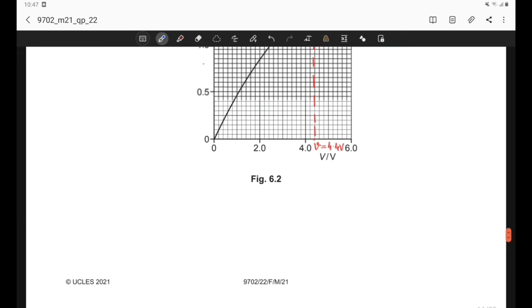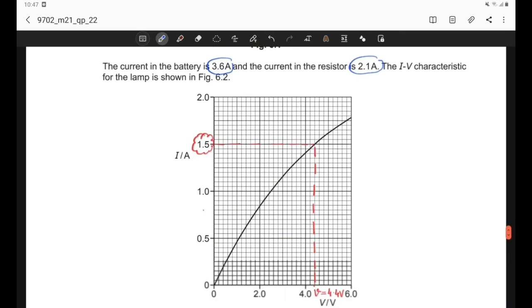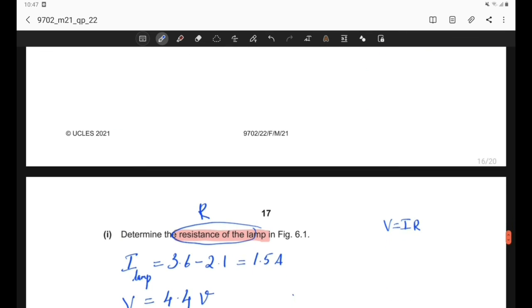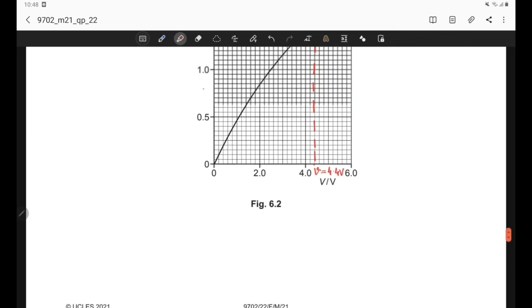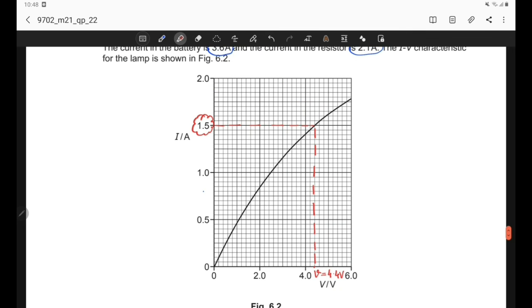Here in the question, the voltage across the lamp is 4.4 volt, because we calculated from the graph that when the current flowing through the lamp was 1.5, the voltage across the lamp will be 4.4.